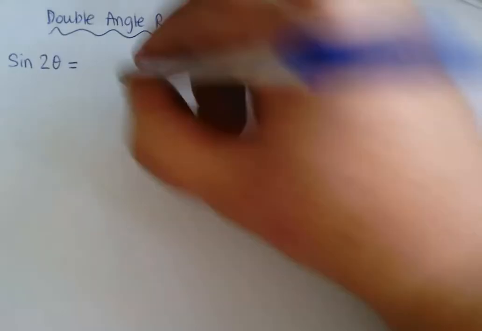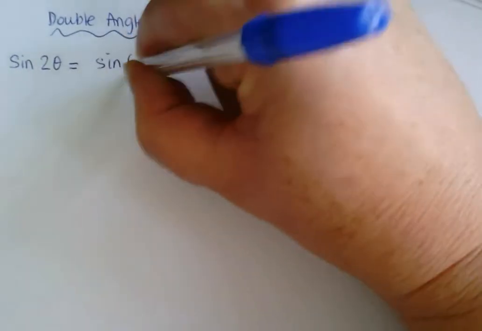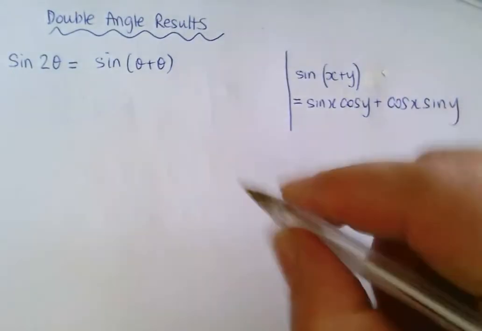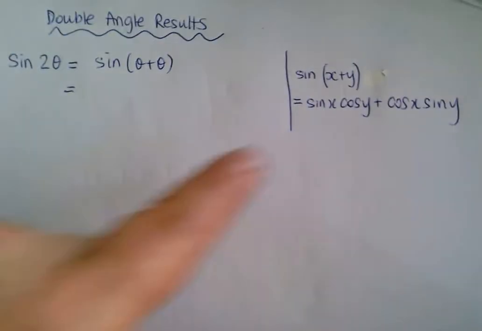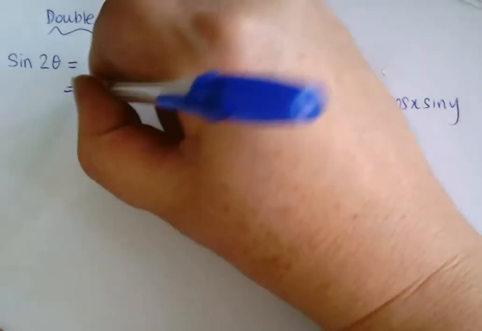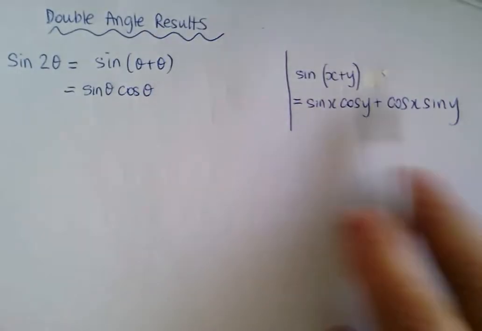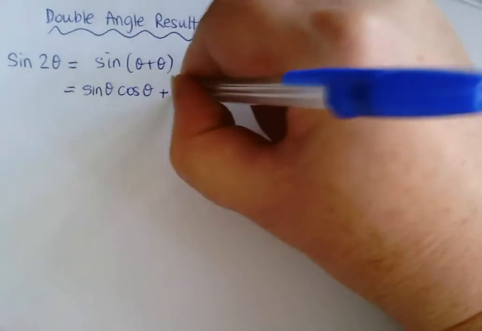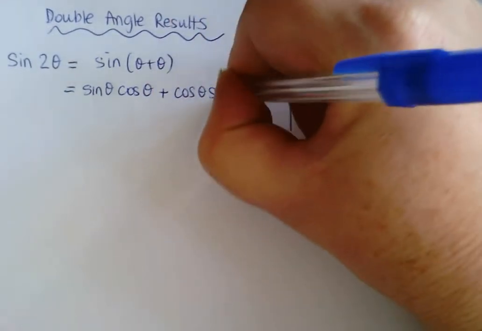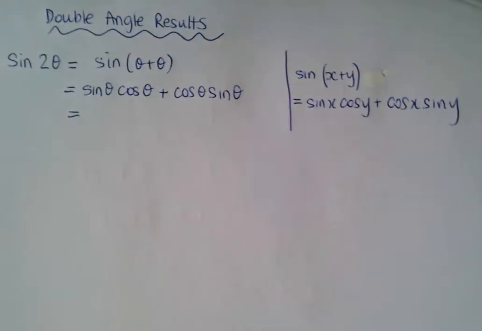Okay, so now sine 2 theta is sine of theta plus theta, so we're going to do it the same as that. Isn't that sine theta cos theta, if I'm doing the same as that thing over there, plus cos theta sine theta? Yes? Now I could have done this as sine of 2x actually, instead of theta, but I like thetas.